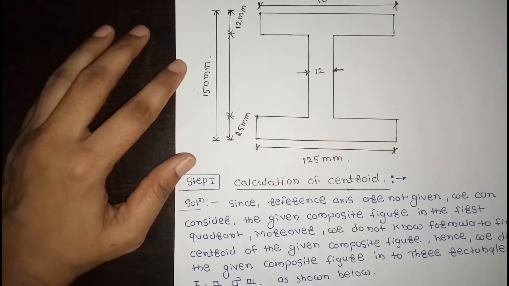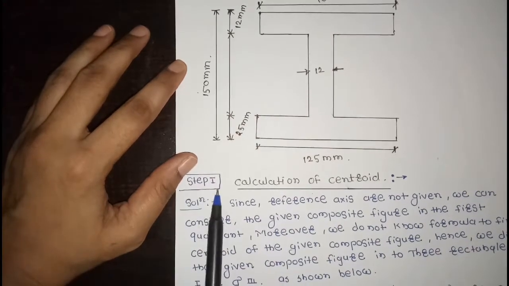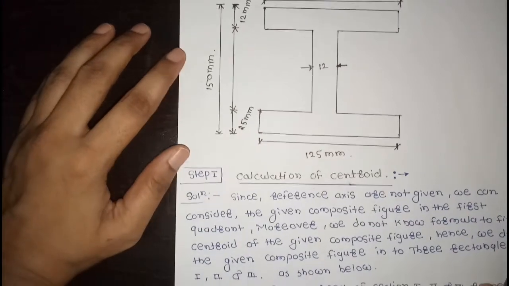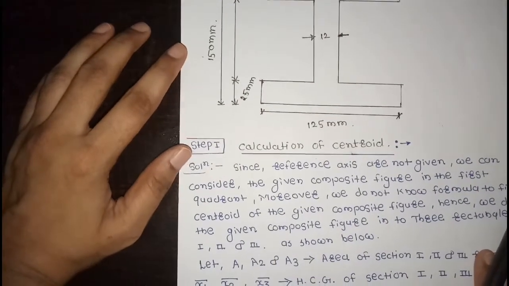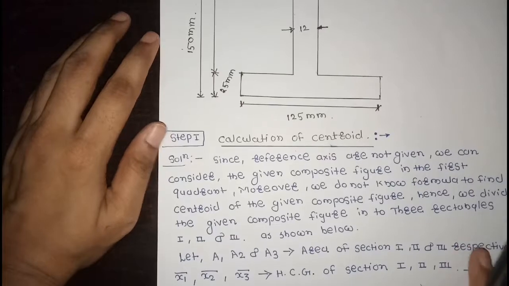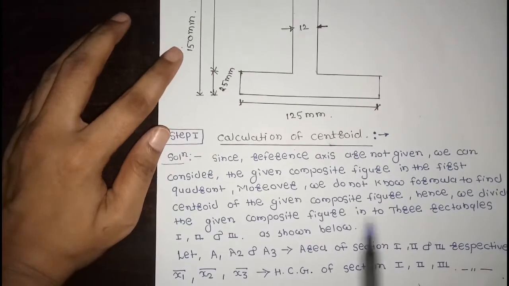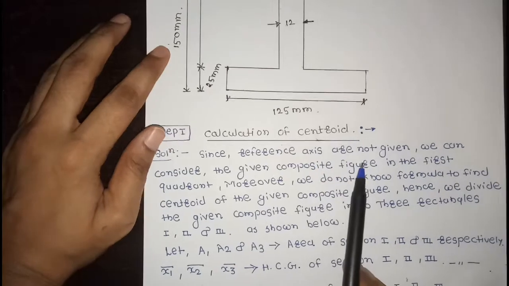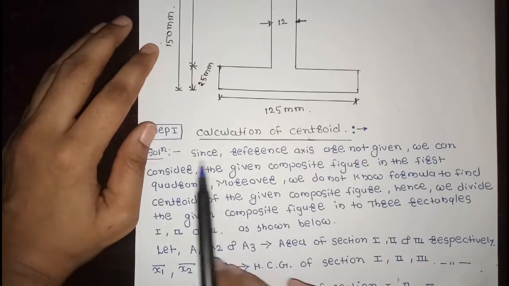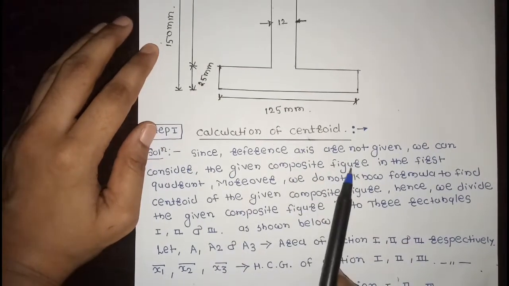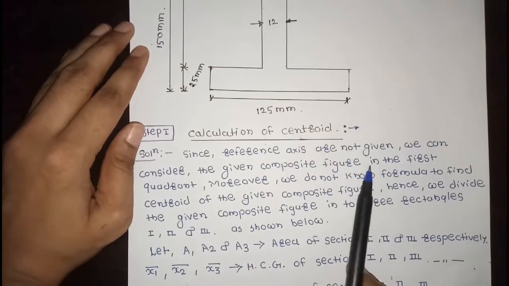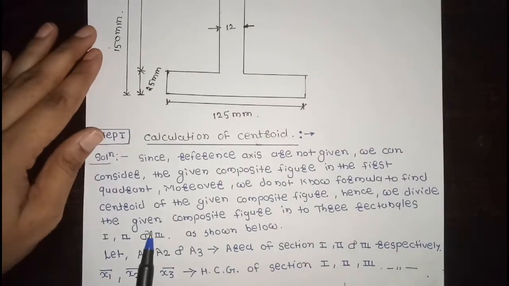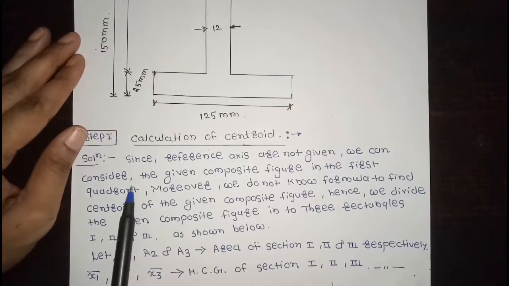So what is the first step? Step first, calculation of centroid. First of all, we have to calculate the centroid of the I section. Since reference axes are not given, we can consider the given composite figure in the first quadrant.